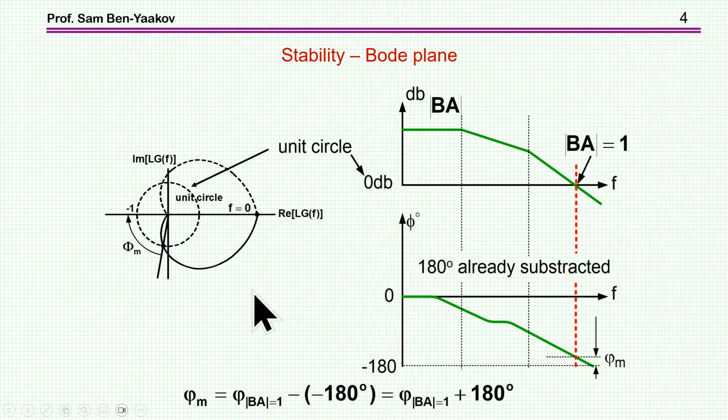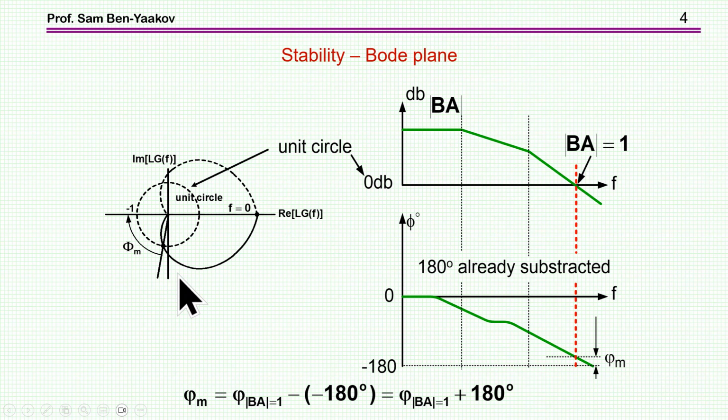And we can test for it by the Nyquist criterion. Here it is, in which we have the imaginary part of the loop gain, and this is the real part. We have the unit circle, and this is actually the loop gain. Frequencies start from zero and go all the way to infinity and then back through the negative frequencies.